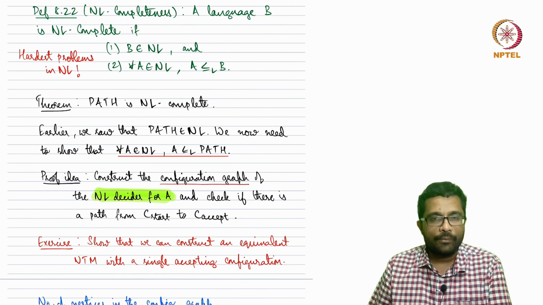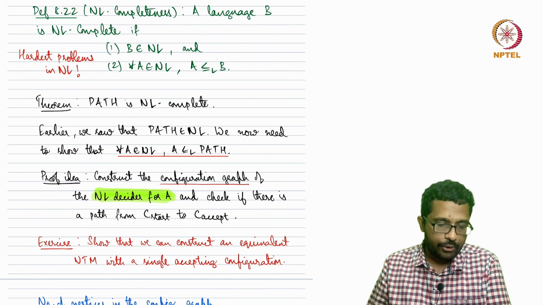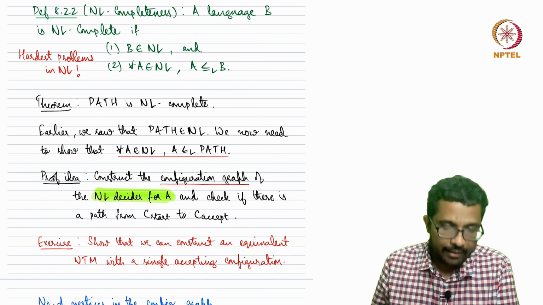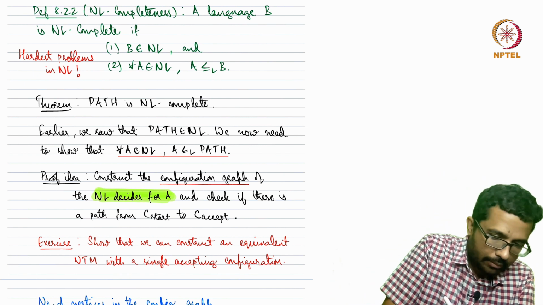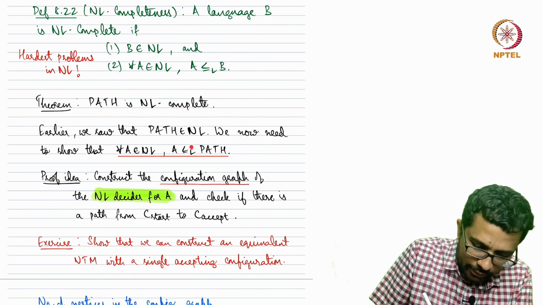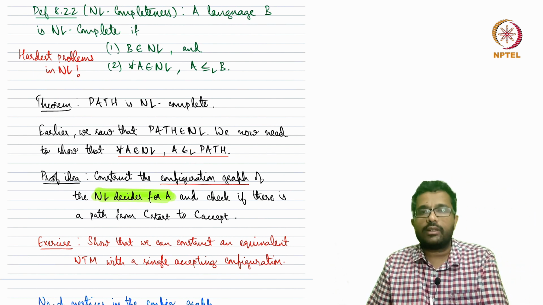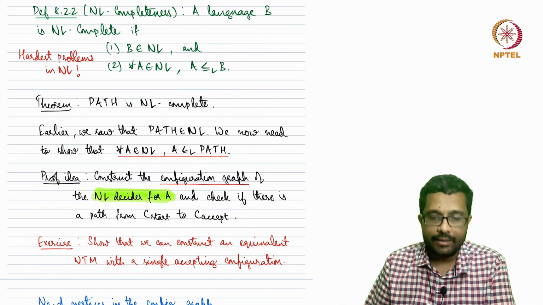So everything checks out. The only thing that we have to ensure is that the reduction is computable in logarithmic space. So this small bit that A reduces to path in logarithmic space is all that we have to ascertain, right?